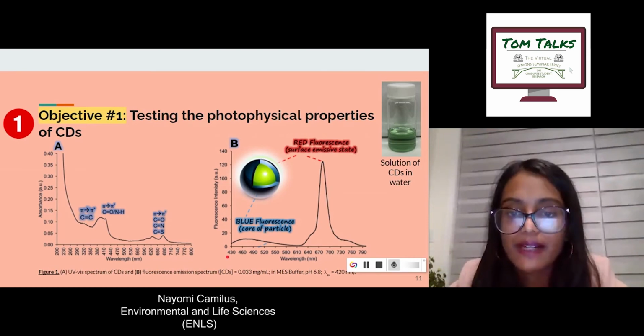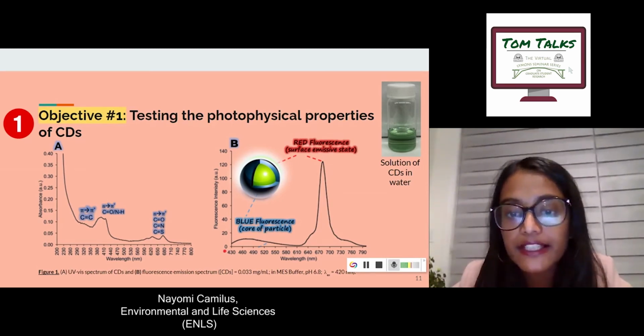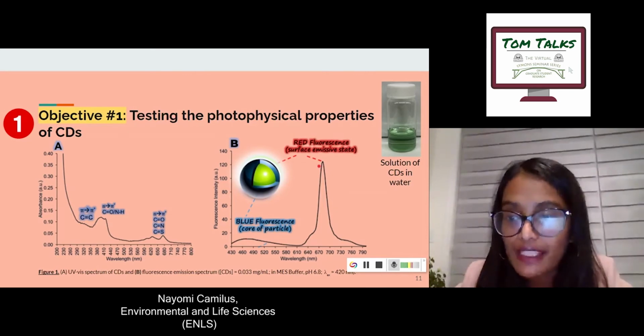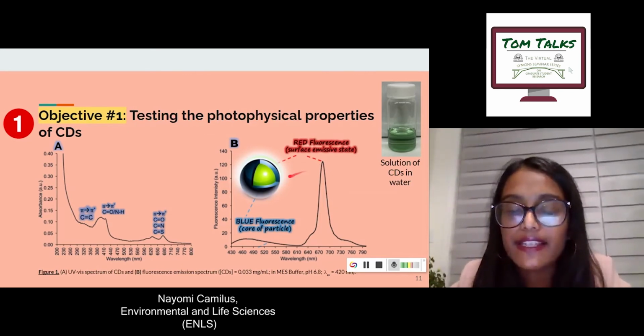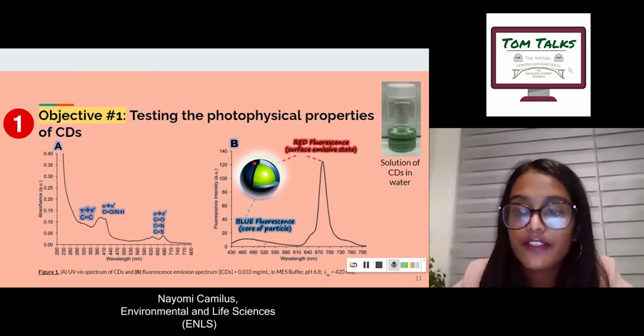Now looking into the fluorescence, which is more important in terms of understanding the interaction further, if we were to study the amino acid, we can see here that there are two different distinct peaks. There's one at around 460, I would say, and then one around 679. And here you can see that the blue one is the 460, and it corresponds to the core of the particle, while the red one, or the 679 peak, actually corresponds to the surface emissive states, or outer part of the carbon dot.